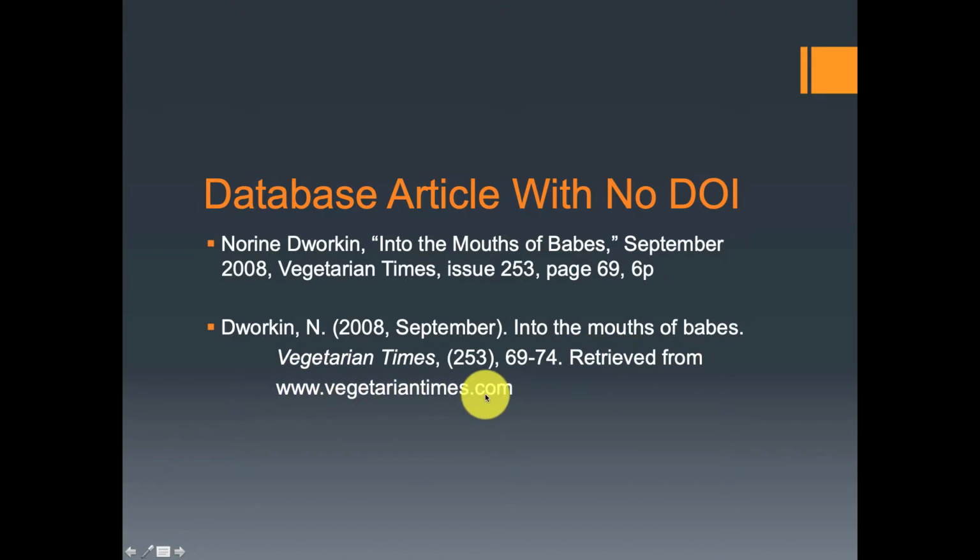But it's the magazine where you got it from. So in this case, it's called the Vegetarian Times. That's a magazine in this case. So the website is vegetariantimes.com, and that's all you have to write. So retrieve from vegetariantimes.com.